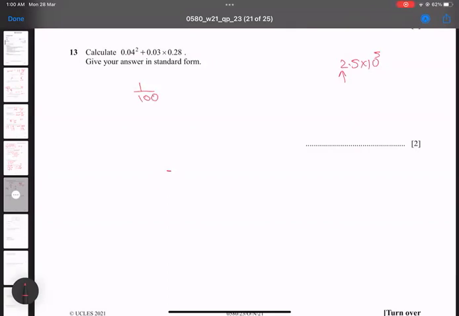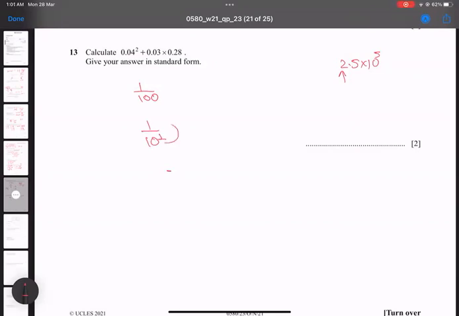But we need a decimal standard form. Then what is the technique to do it? For your knowledge, whenever we have 1 over 100, we can convert it: this is 10 to the power 2, because there are 2 zeros.